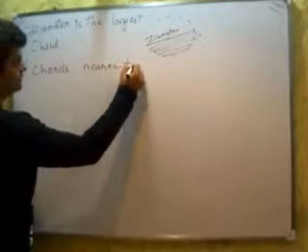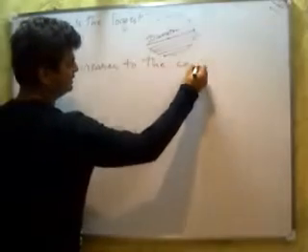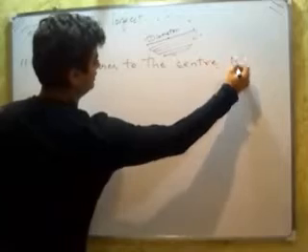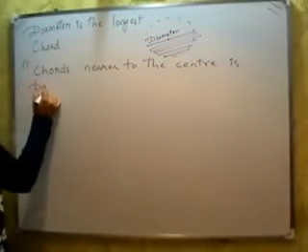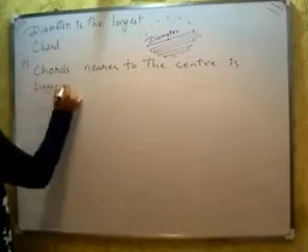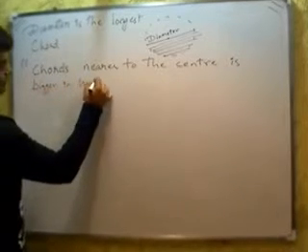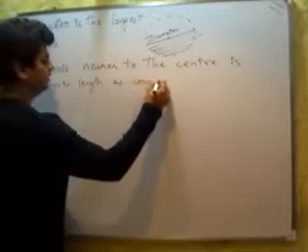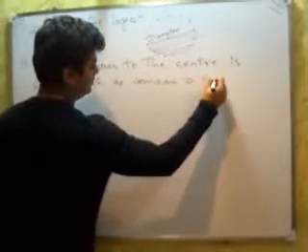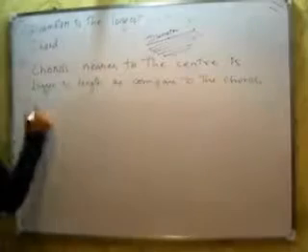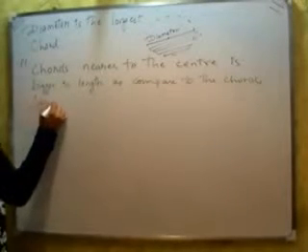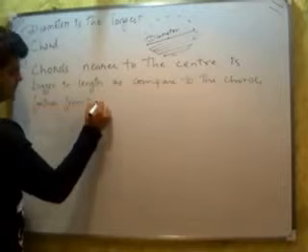So a very important theorem comes into play, that chords nearer to the center are bigger in length as compared to the chords farther from the center.